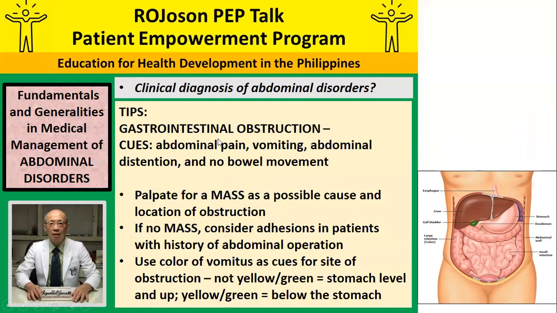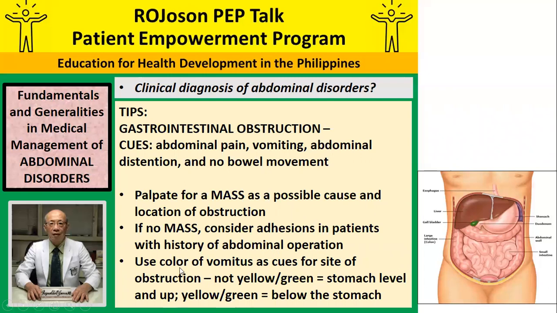For gastrointestinal obstruction, the cues are the following: abdominal pain, vomiting, abdominal distension, and no bowel movement. So the practical tips to do will be palpate for a mass as a possible cause and location of the obstruction. If there is no mass, consider adhesions in patients with a history of abdominal operations.